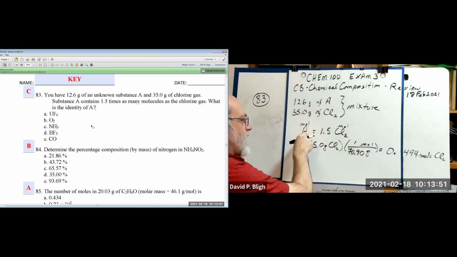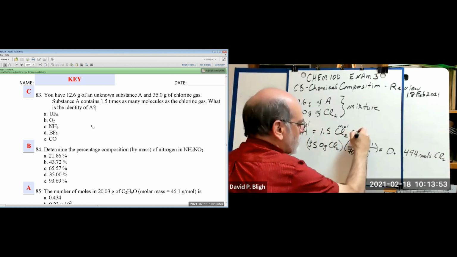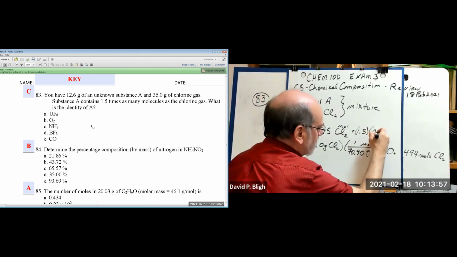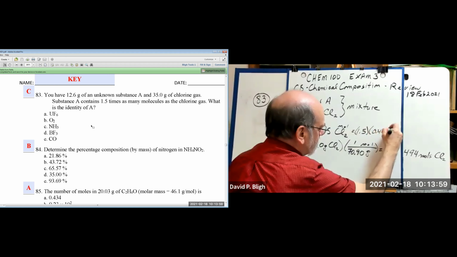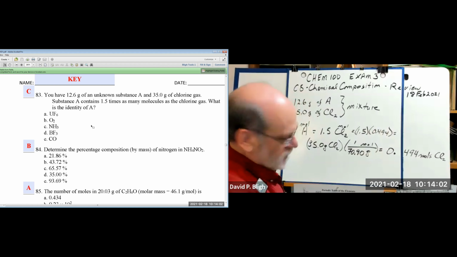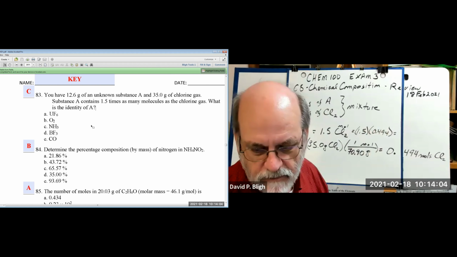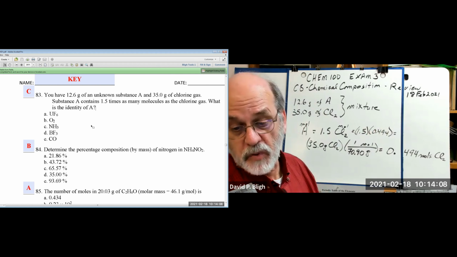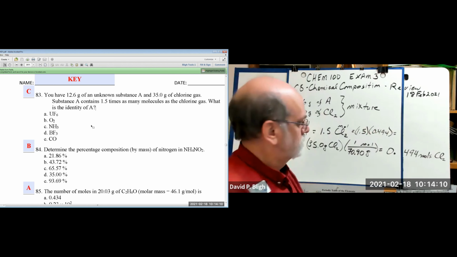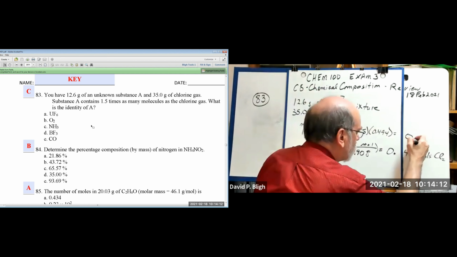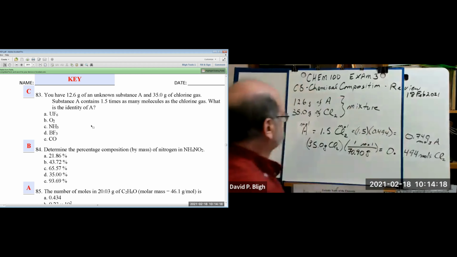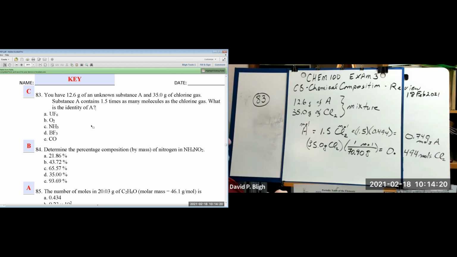Now we can calculate how much of this we have, because it's 1.5 times as much. So 1.5 times that is 0.740. 0.740 moles of A. Okay.